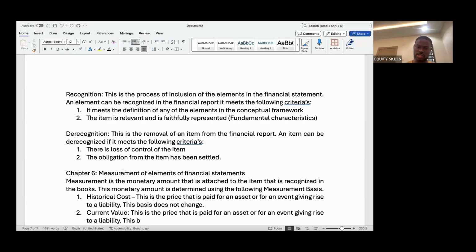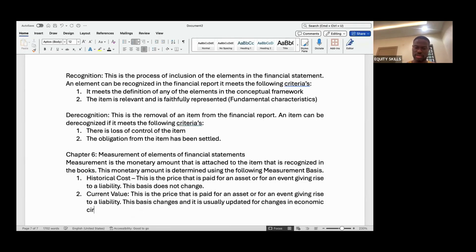This basis changes, and it is usually updated for changes in economic circumstances.